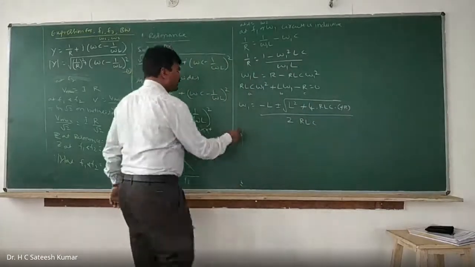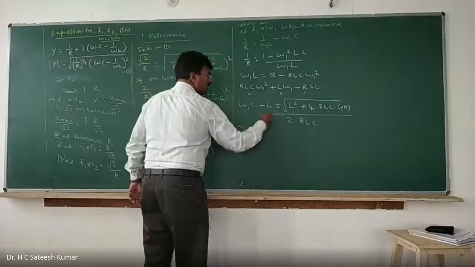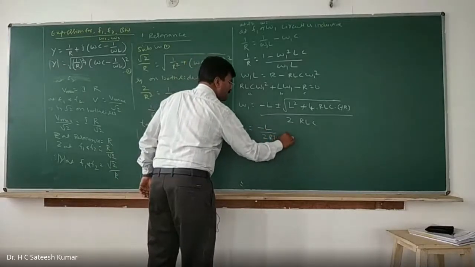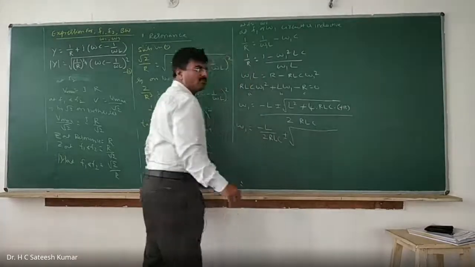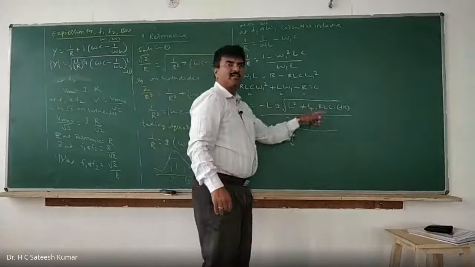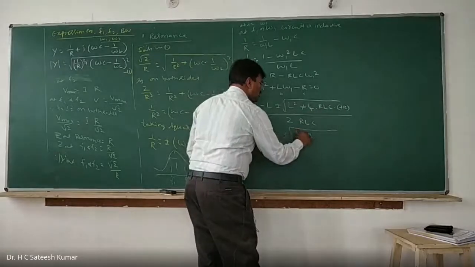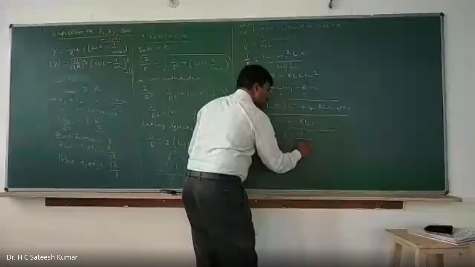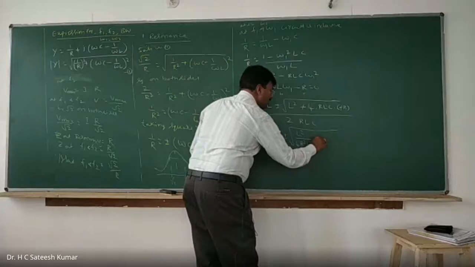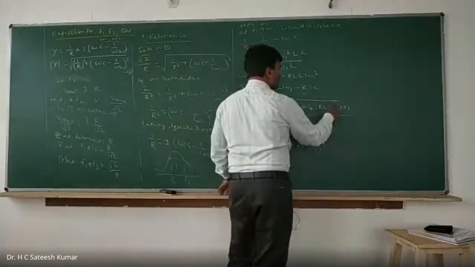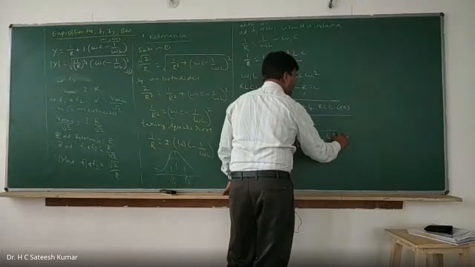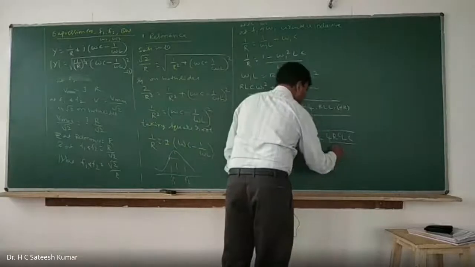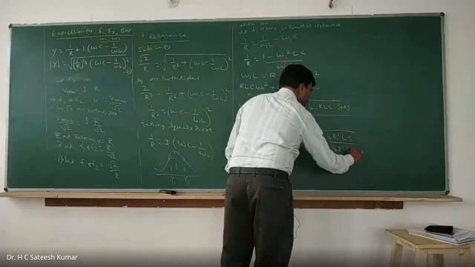Now split it: omega 1 is equal to minus L divided by 2RLC plus or minus the square root of, taking it inside the square root, you have to square it: L square divided by 4R square L square C square plus 4R square LC divided by 4R square L square C square.